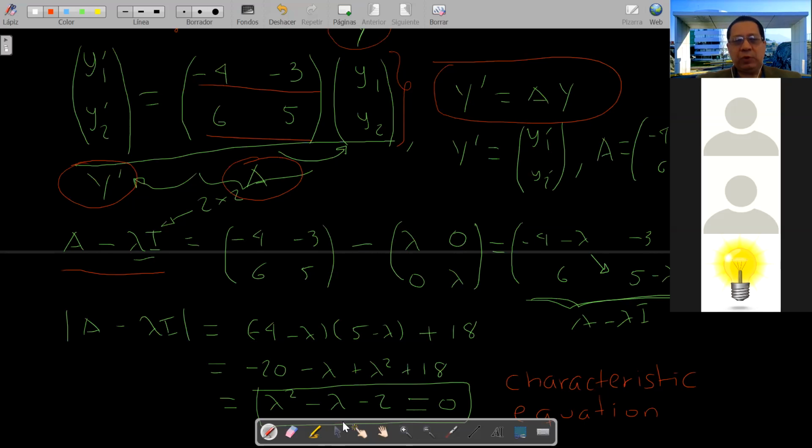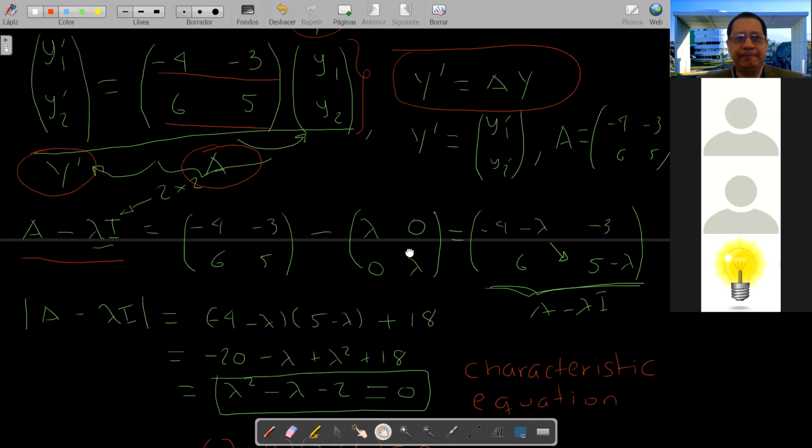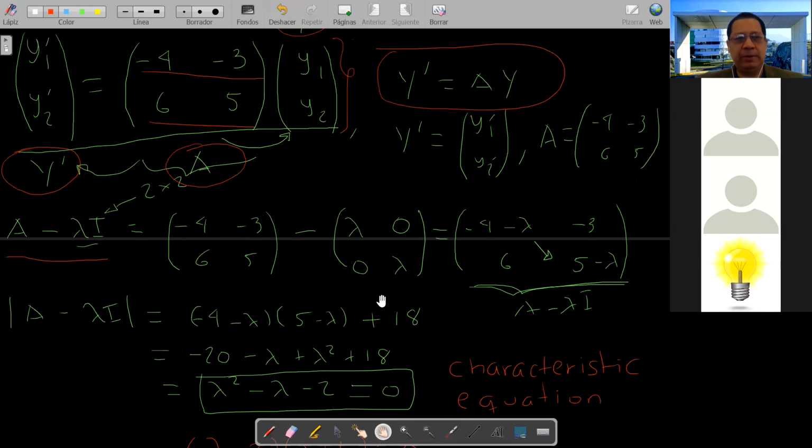So once we have the matrix A minus lambda I, we will find the determinant and make that determinant equal to 0. From there, we will get the characteristic equation.